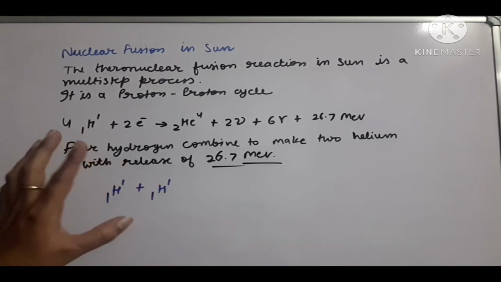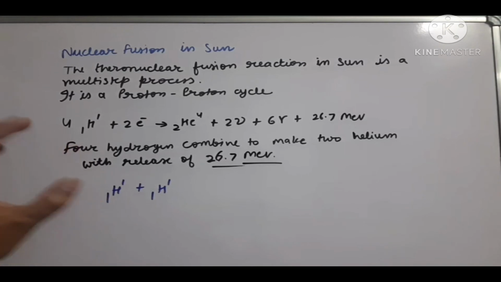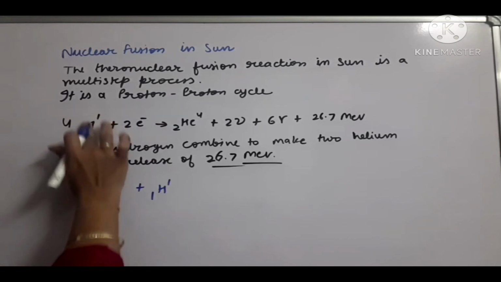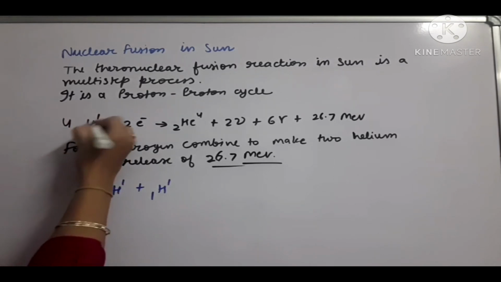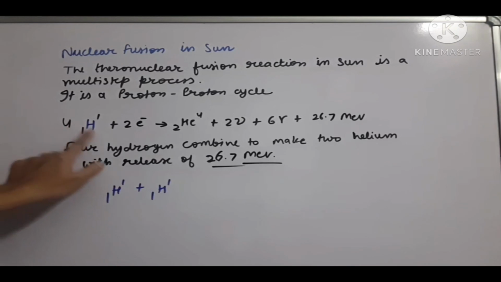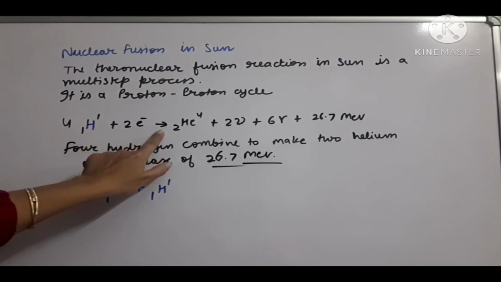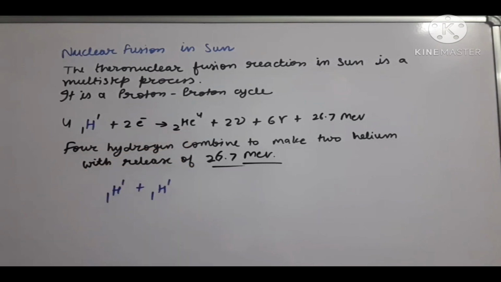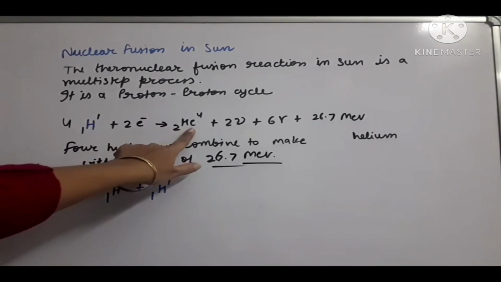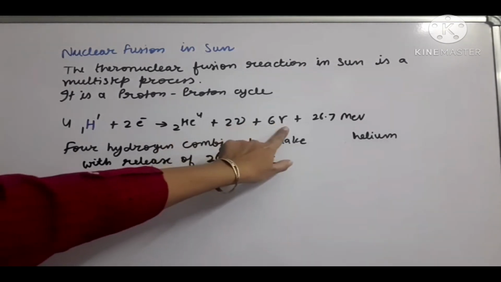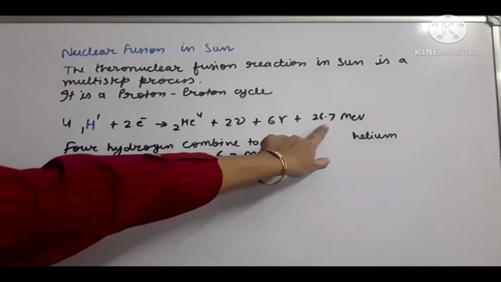So what is the overall process that we need to remember? 4 protons, 1H1, in the presence of 2 electrons, when they combine, finally helium is produced plus some more particles. These are the neutrino and gamma particles.